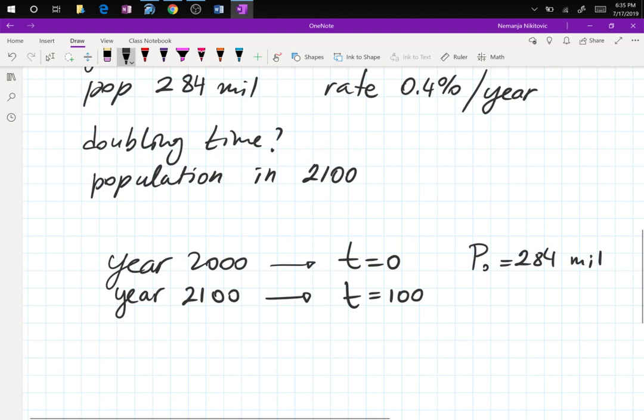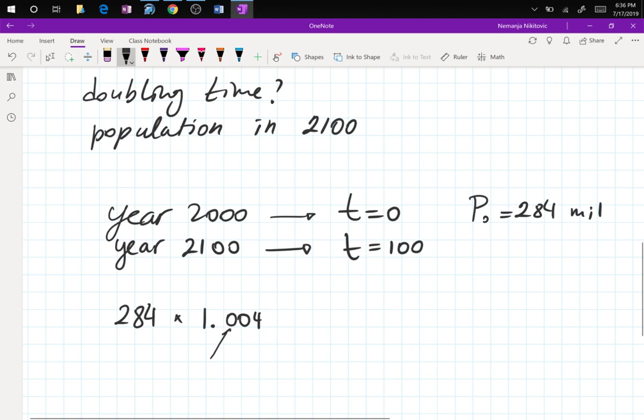Now, I need to calculate the increase of 0.4%, which will give me the new data point. So 284 million times 1.004. So this is 10%, 1%, and then 0.1%.